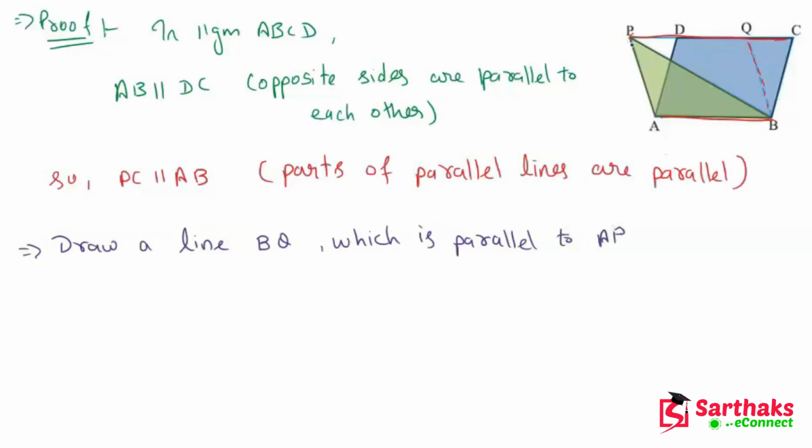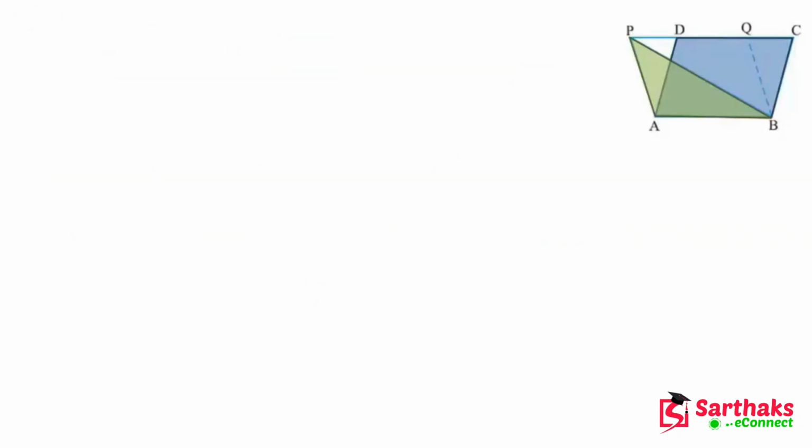Means BQ is parallel to AP, got it. So now BQ is parallel to AP. So in this figure ABQP, one pair of opposite sides are parallel.